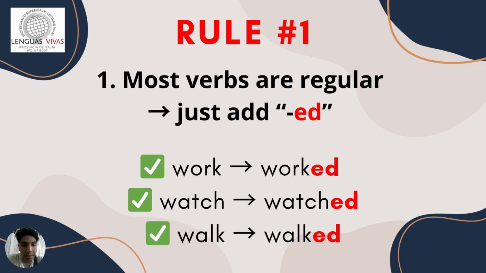So the verb work changes into worked. The verb watch changes into watched, and the verb walk changes into walked. All you have to do is to add ed at the end of the verb.